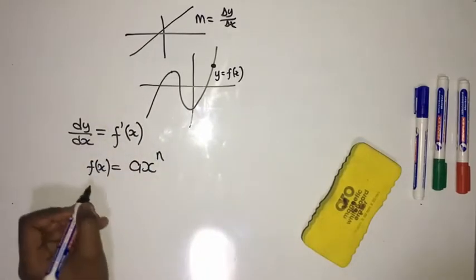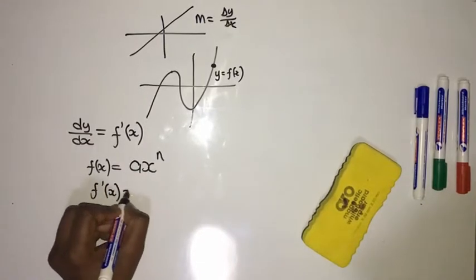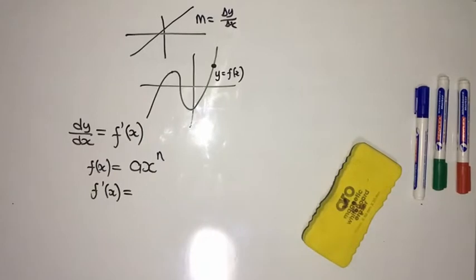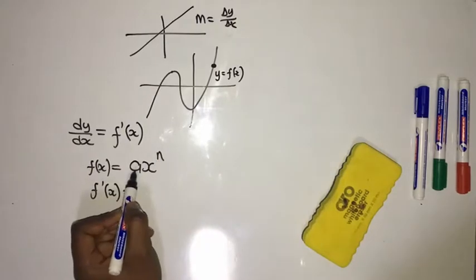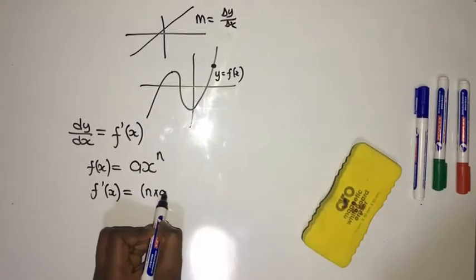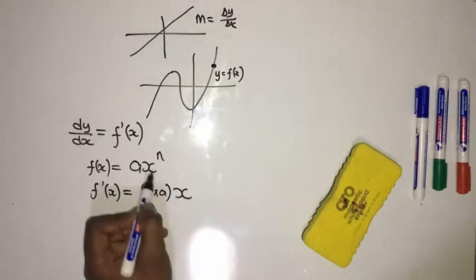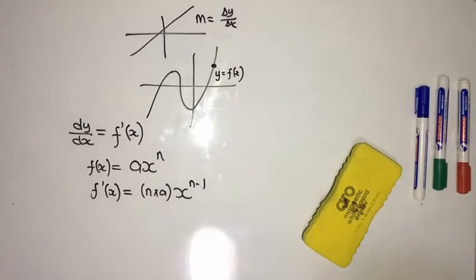If now we're looking for the derivative of f, the rule says for polynomial functions such as this one, you take the exponent and multiply it by the coefficient. So now we're going to have n multiplied by a, and then we still have x, and then we subtract 1 from that exponent. So we're going to have n minus 1. So basically that's how we find a derivative of a polynomial function.